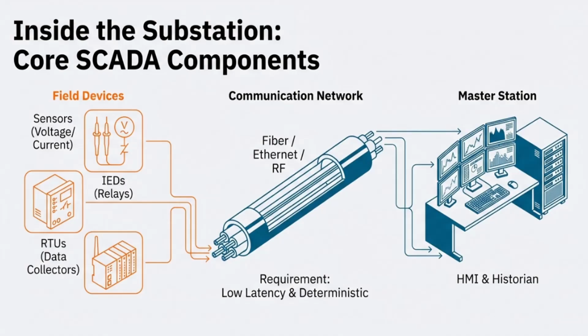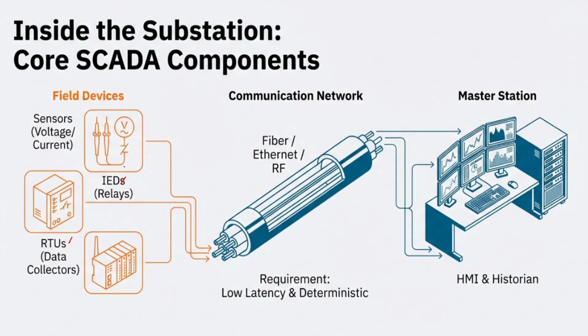So we have, let me select the pen here. Yeah. So as we spoke earlier, we have the field devices, right? And also the IEDs and the RTUs. So these are also very important devices we will be using in the SCADA systems, right?